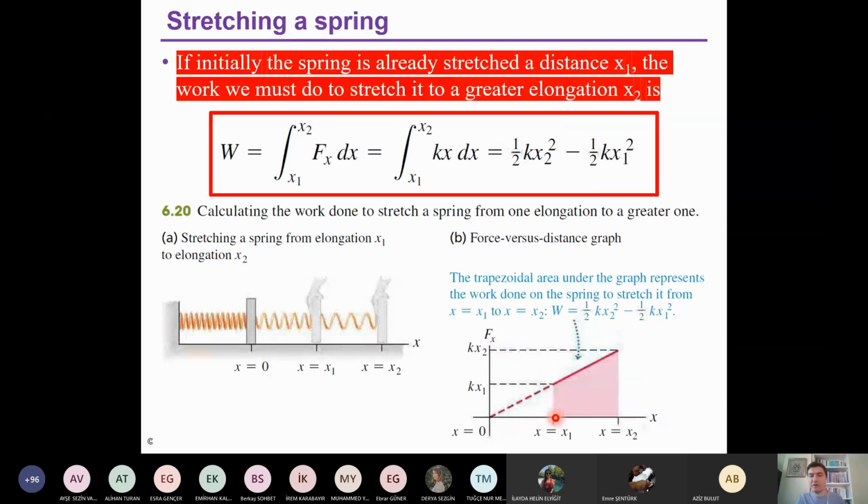And at x1, we apply kx1 force, and at x2, we apply kx2 force, and this is the area which will give us the work done by this force on this spring. So you can also calculate the area of this, then you will get this expression. By using geometry, you can get the same relation also.